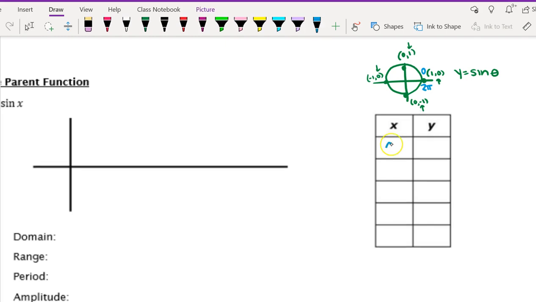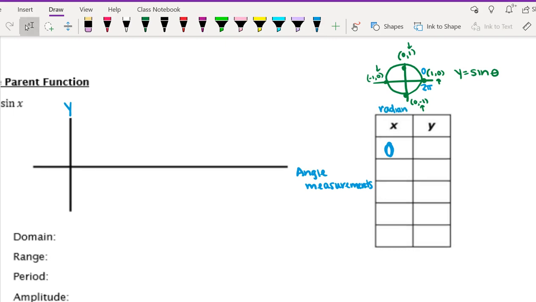So if I start at an x value of 0, in this case, our x or our input is going to be in radians. So we're actually comparing the y-axis to the measure of the angle on the x-axis. So x is referring to the angle measurement, not the actual x coordinate. So for the x, we're talking about 0 radians.